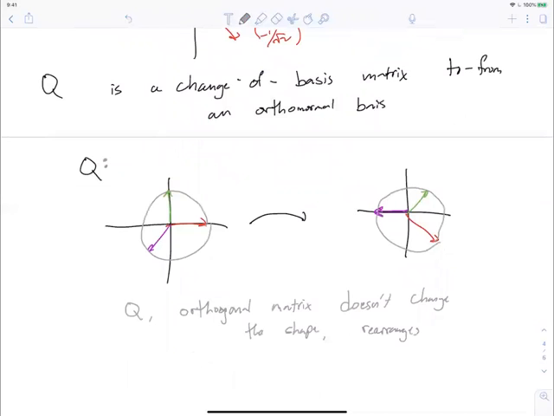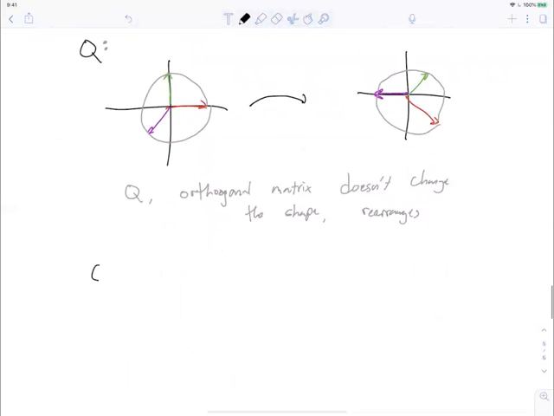You can think of this as a change of basis between orthonormal bases. But one other key property, which is really cool, is this one: the inverse of Q is equal to its transpose. This is what really makes it shine, because it is a very special property. There are not very many ways this happens. The inverse and the transpose mean very different things, but for orthogonal matrices, they actually give you the same thing.